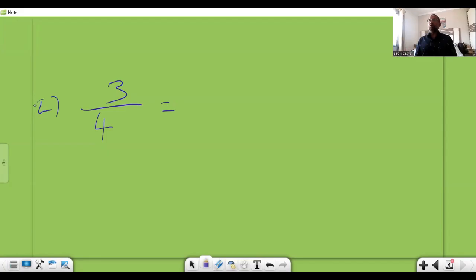No, not possible. 4 2s are 8, 12 is coming. In the 4 table, there is no multiple that is 10. We can say 10 or 100 or 1000. So how many times do we have to multiply? I want to multiply this 3 by 4. Denominator, I need 100.